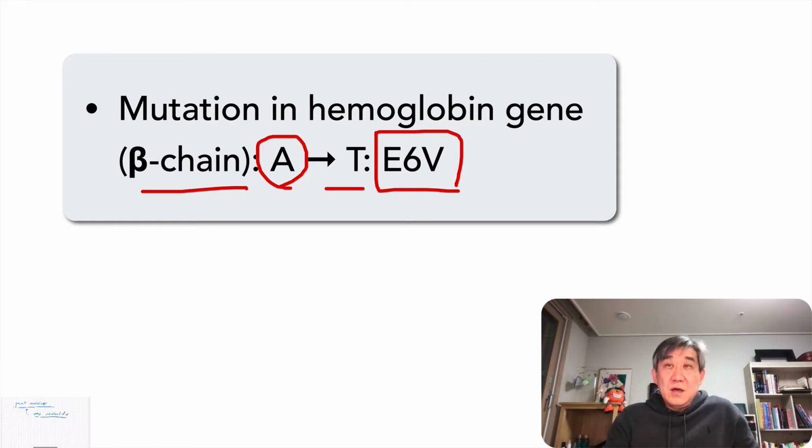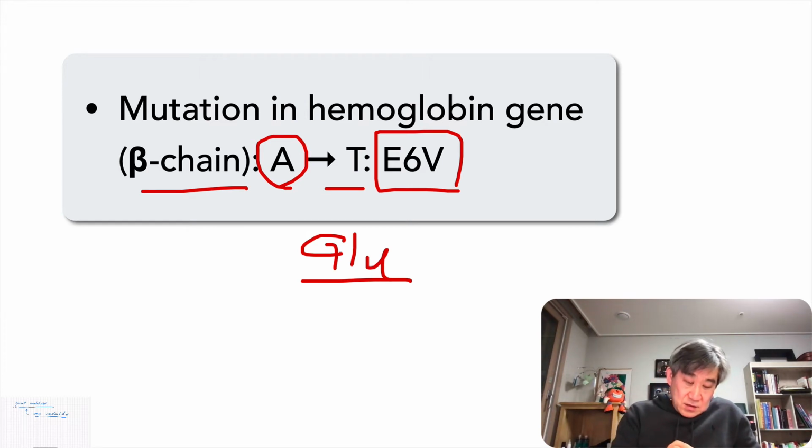E here stands for the amino acid glutamic acid. The single letter convention of glutamic acid is E. The number 6 means the position of the original amino acid, so it is relatively at the early head point of the polypeptide.